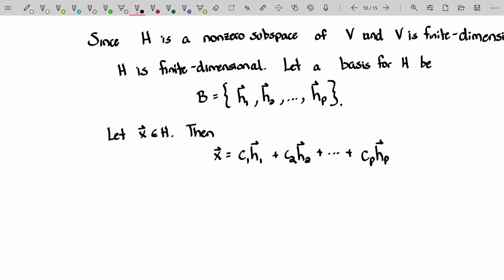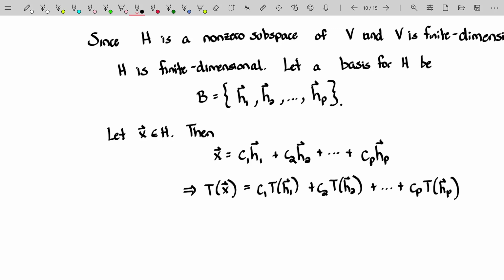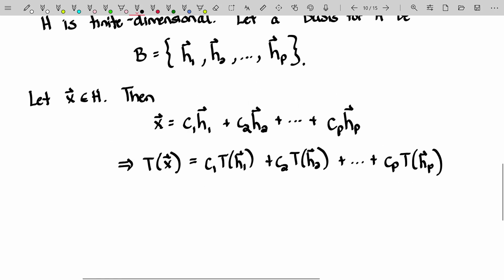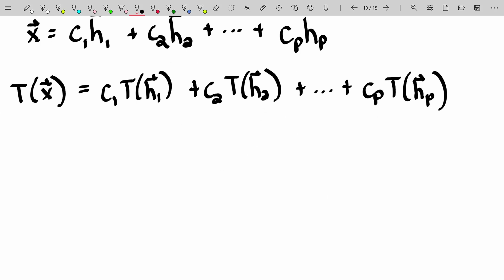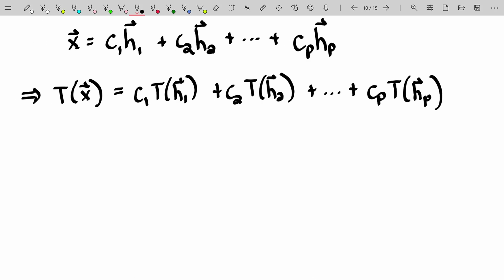However, because the transformation is linear, applying the transformation to both sides, we get that T of X is equal to this linear combination of vectors, each vector being T of H sub I. But this linear combination has the same exact weights that the linear combination for X had.